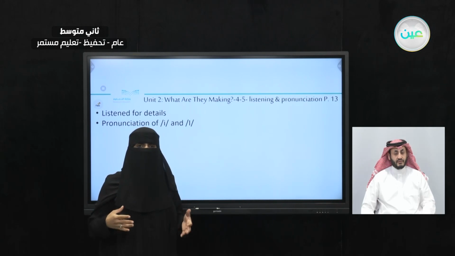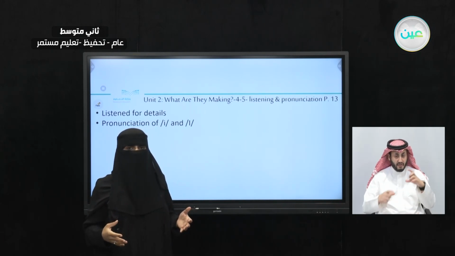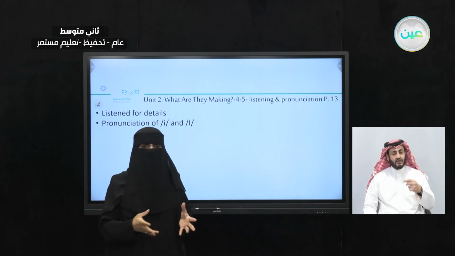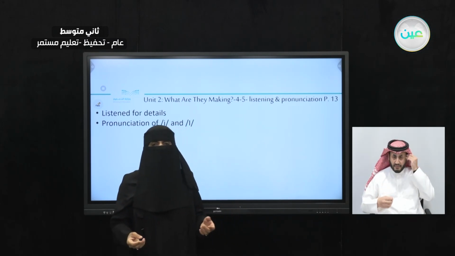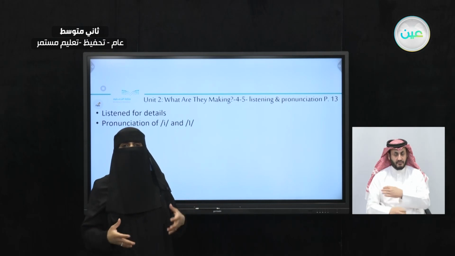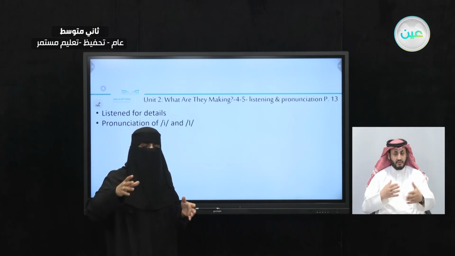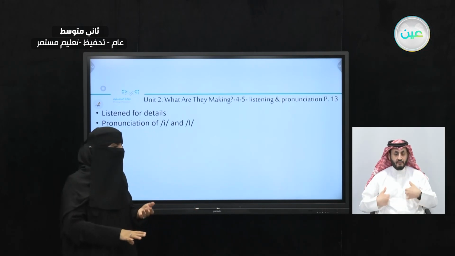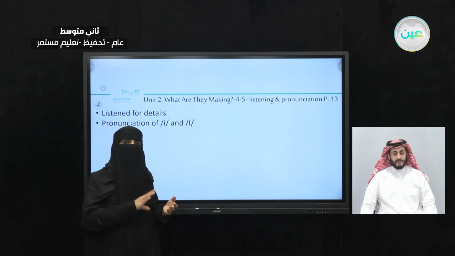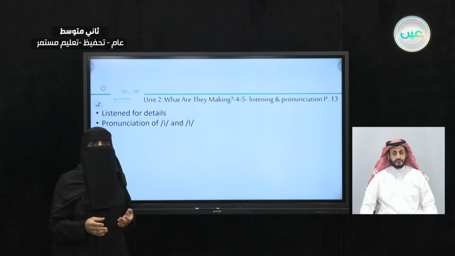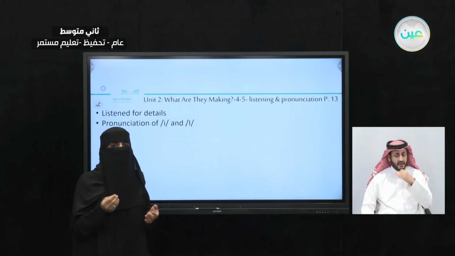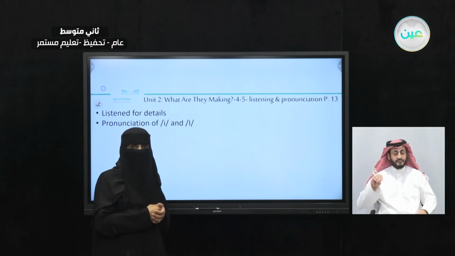What about this one? Do you think this movie will be a good movie? Yes, me too. Everyone is smiling, they know what they are doing, and the director is complimenting, not yelling like the previous one. So we heard the listening and answered the questions related to it, and also we learned how to pronounce the E sound and the I sound. Okay?